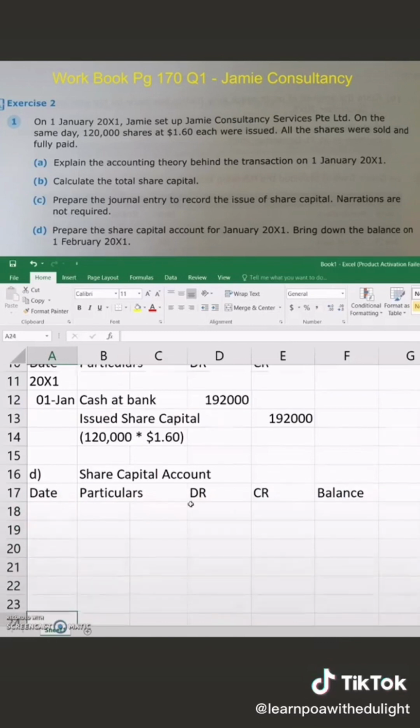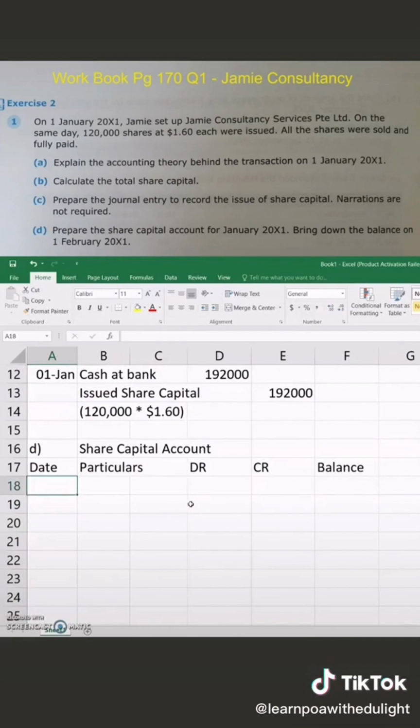What we will record is the issuance of shares. So on 20x1, 1st January, I will have debit cash at bank, credit issue share cap. So I will have credited the issue share cap with 192,000. Opposite account is cash at bank. Now, why credit?